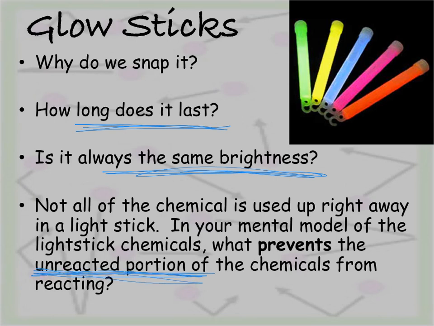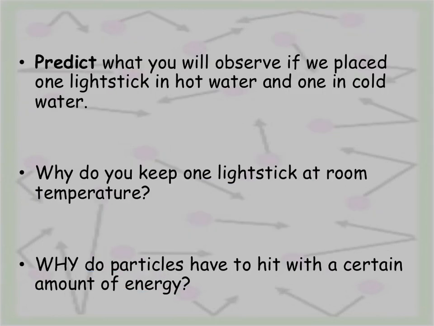So why don't they just immediately react? Everybody reacts, turns into products, and everybody glows, and then we're done. Okay, the reasoning is because they don't have one of those three things. Either they're not colliding with enough energy, or they're not colliding with both enough energy and the correct orientation. Okay, so you've got to have all three for a successful collision.